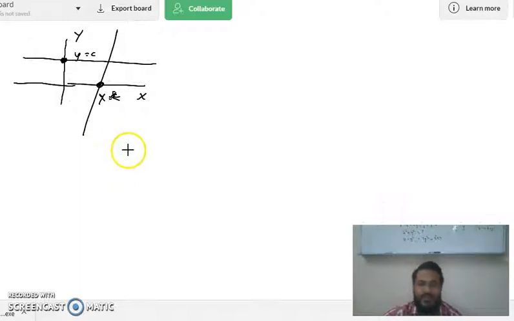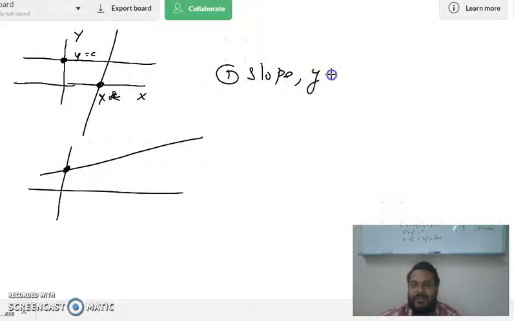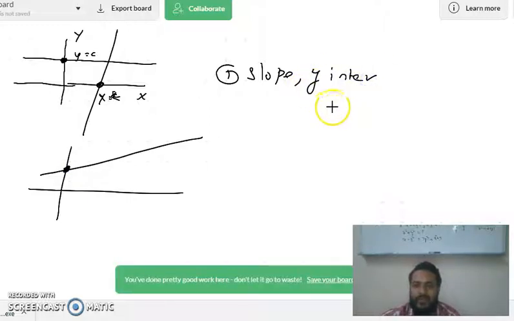But after having these two equations, now I have some questions. Suppose I have a straight line like this. Can I find the equation for this straight line, provided I know the slope of the line and I know where it cuts the y-axis, the y-intercept?